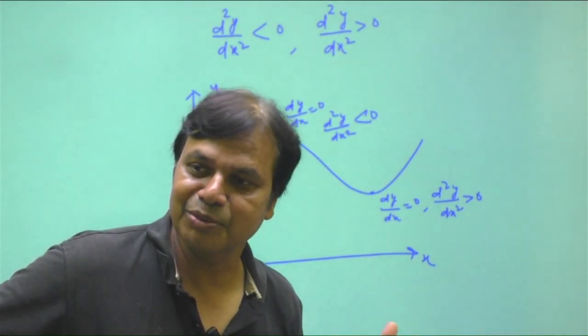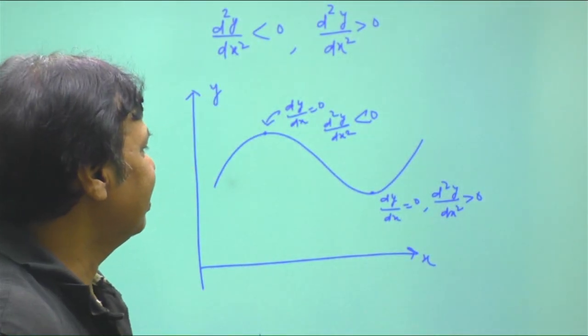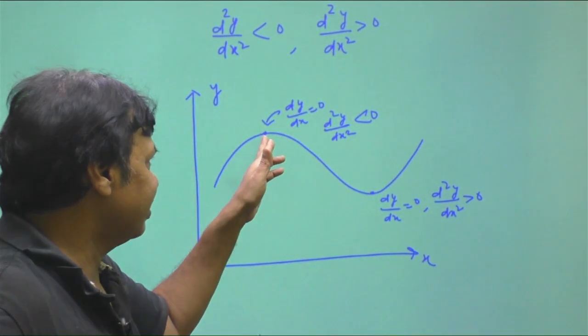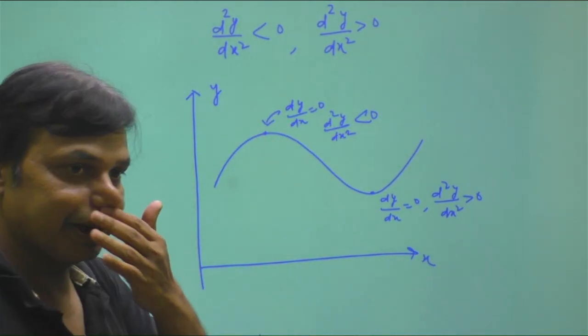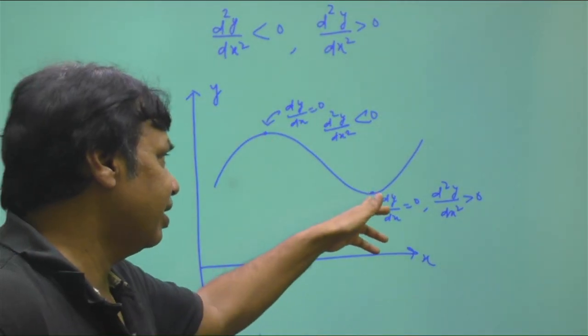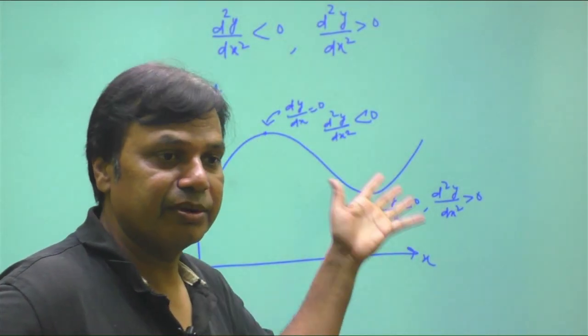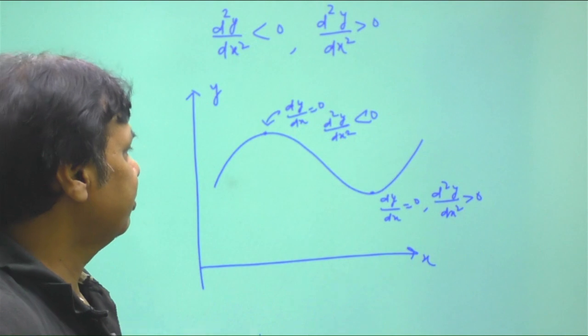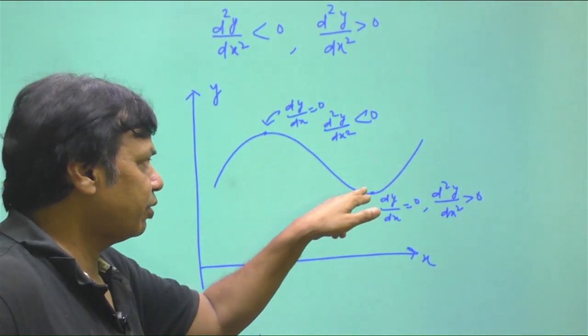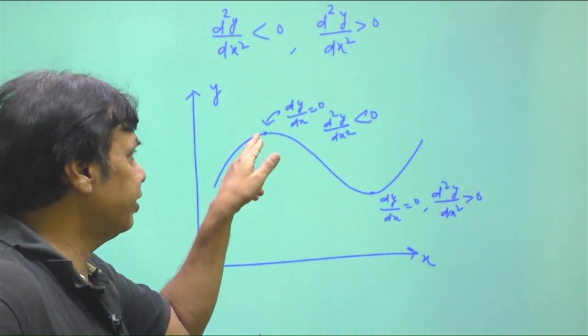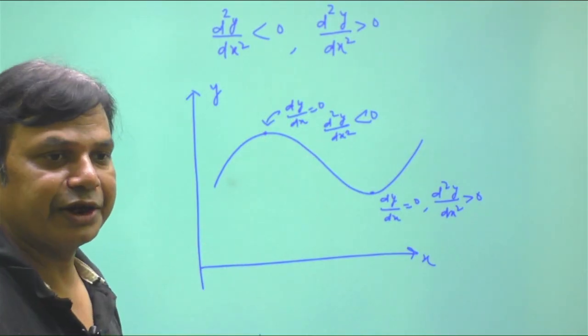You have to find the pattern, and the pattern is that around this point the dy by dx keeps on decreasing, and around this point of local minima, the dy by dx keeps on increasing. So d2y upon dx square is positive at this point, and d2y upon dx square is negative at this point.